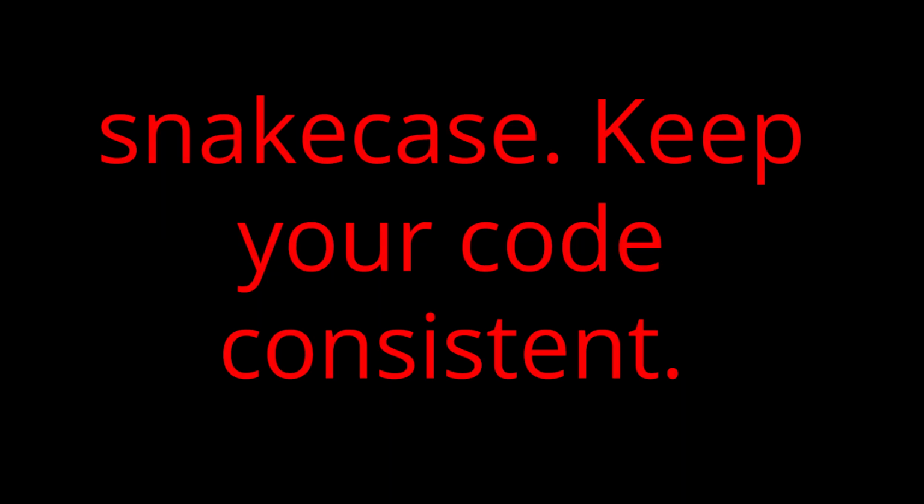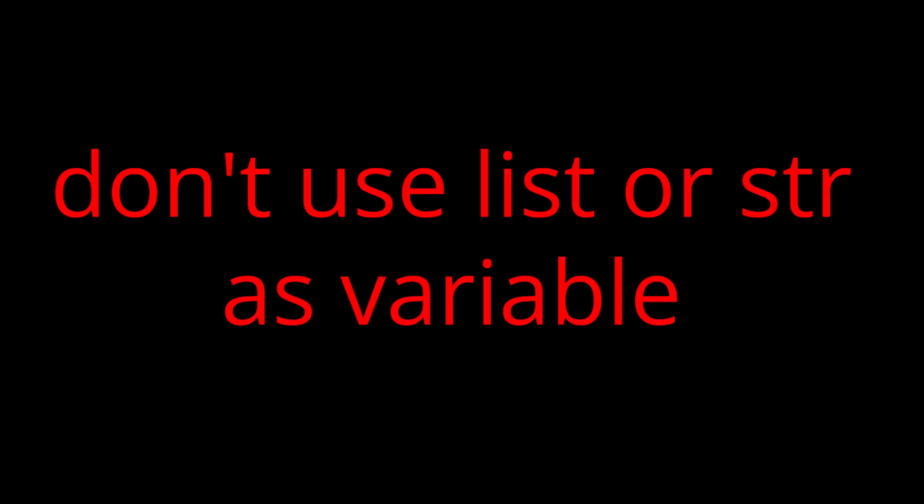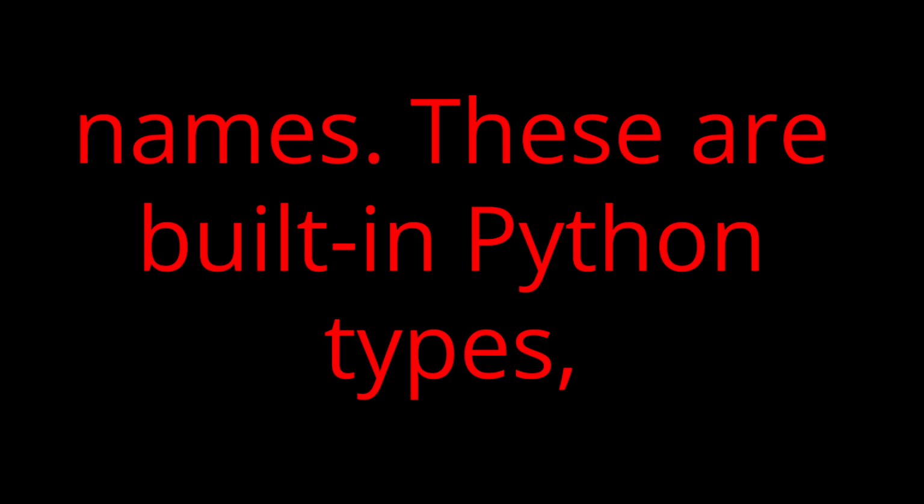Keep your code consistent. If you start using first_name with underscores, don't switch to firstName with camel case halfway through. Avoid overwriting Python keywords. For example, don't use list or str as variable names. These are built-in Python types, and using them as variable names can cause unexpected errors.